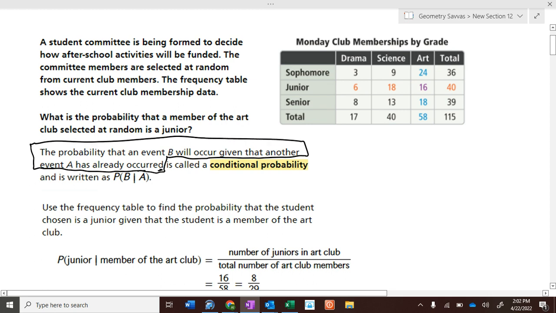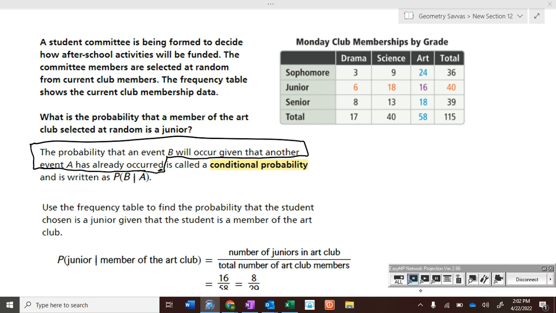Given something, the probability of something else. Okay? Maybe I should put it up so you can actually write it down. Vocab word: the probability that event B will occur, given that another event A has already occurred, is conditional probability.